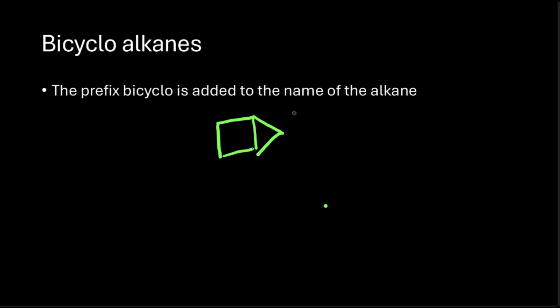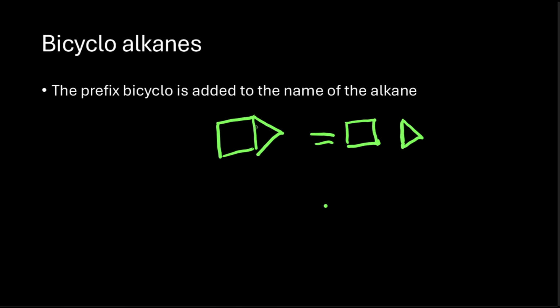So, looking at this particular structure, we can make two different cycloalkanes out of this. So, we can have a cycloalkane here and another cycloalkane like this. So what this means is these two cycloalkanes are being fused together at these points.